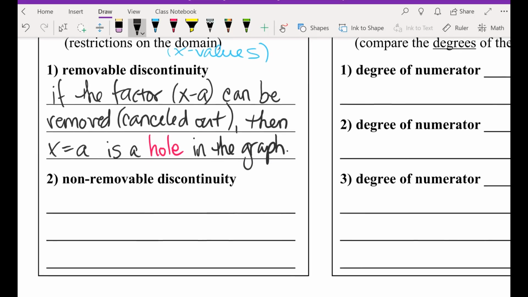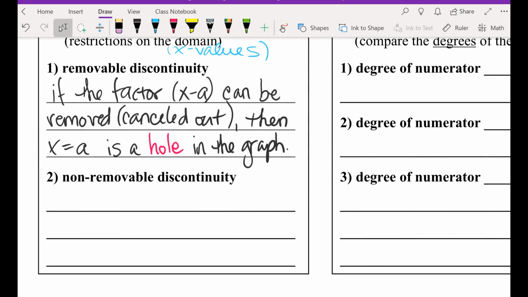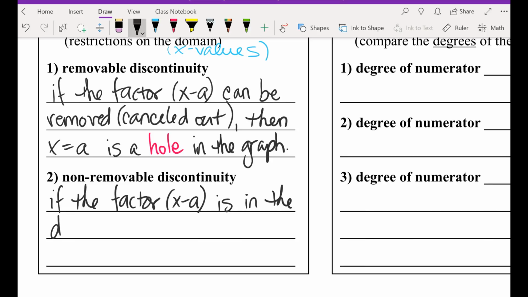The non-removable we've seen before, okay? So if the factor x minus a is in the denominator, so it hasn't been canceled out yet, is in the denominator of the simplified form.